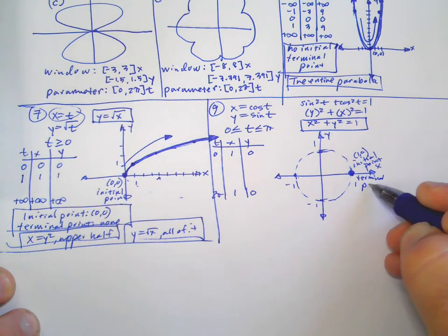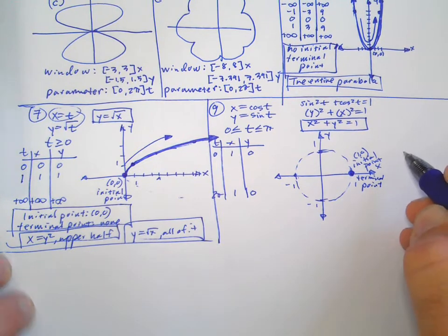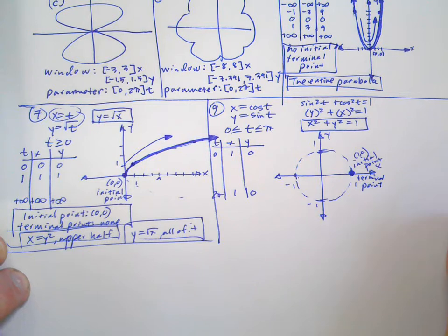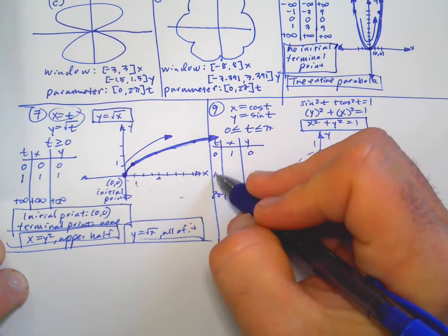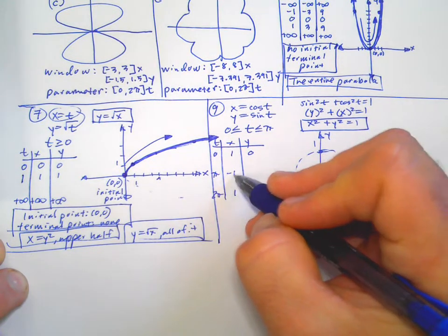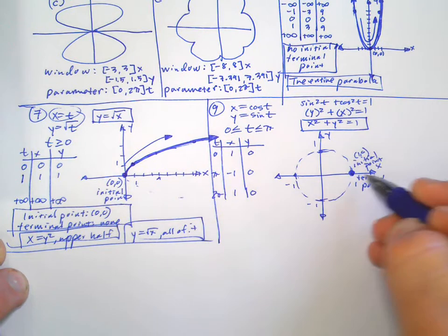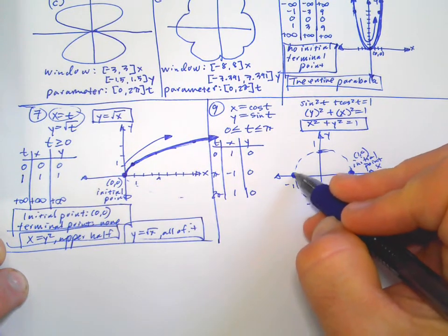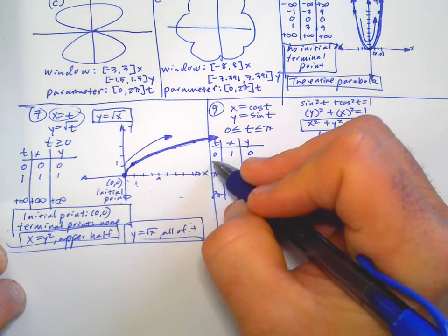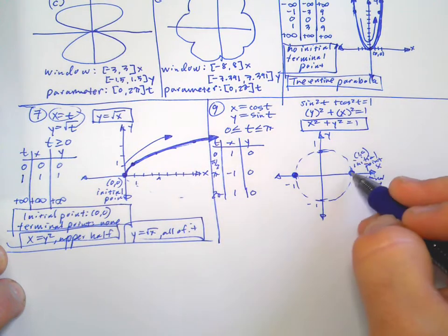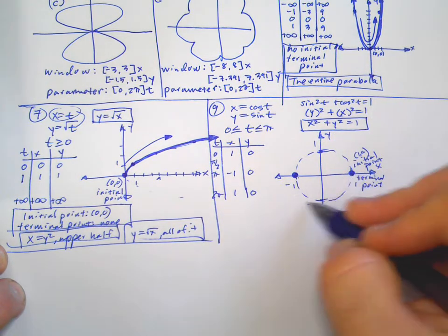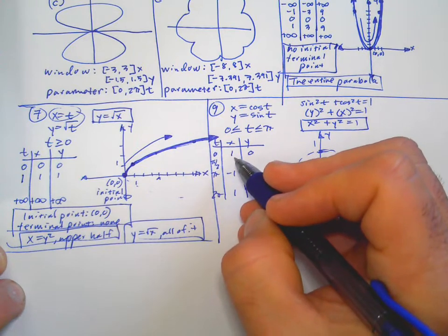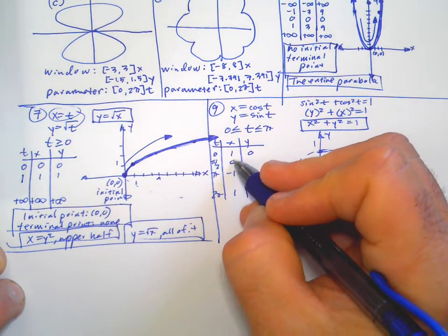It would help to probably pick some points in between to confirm what direction it goes around, or if it does go all the way around or whatever. So I'm going to do pi real quick. Cosine pi is -1, 0. So this is another point on the graph. And we do pi over 2, because still at this point, it could go this way or it could go this way. So pi over 2 would be 0, 1.